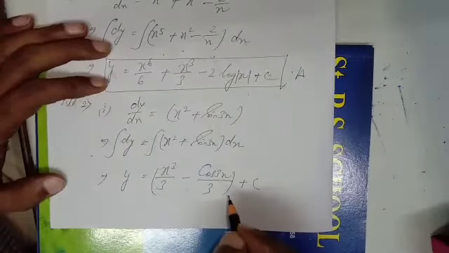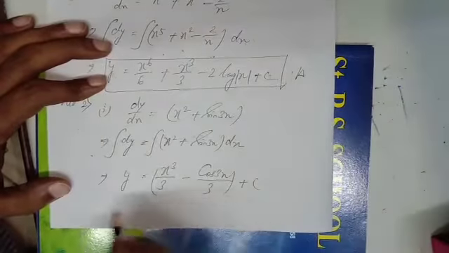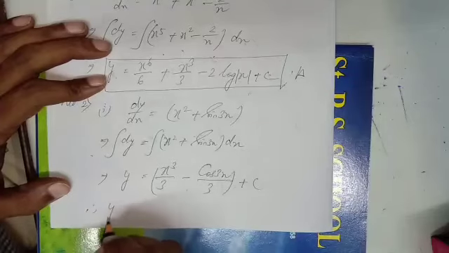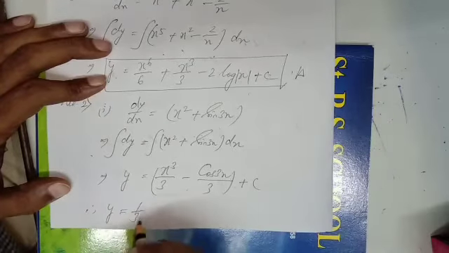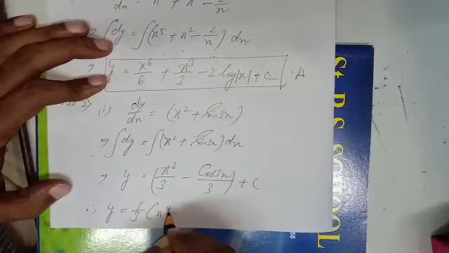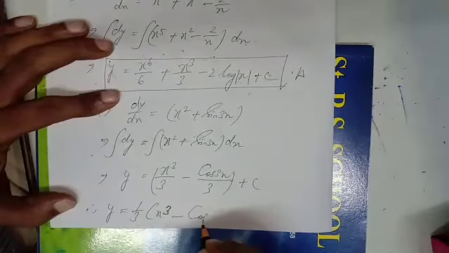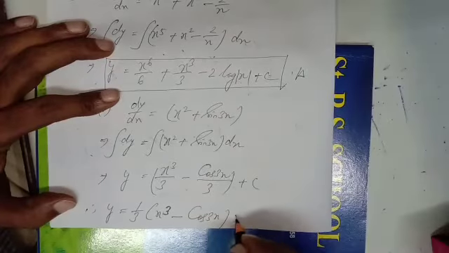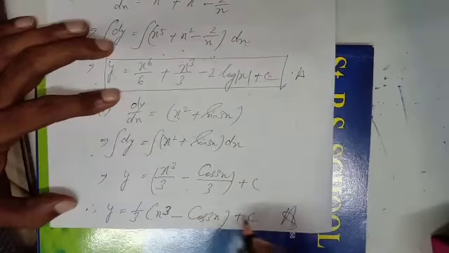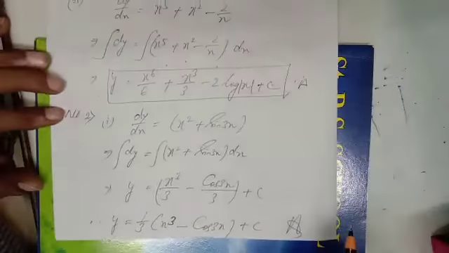So what is the answer? The solution is y is equal to 1 by 3 taking common, x cube minus cos 3x, plus c. This is the solution of the above differential equation.